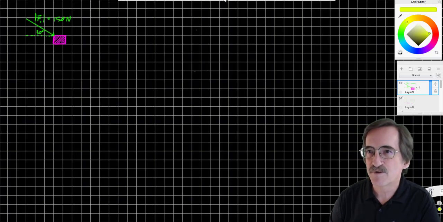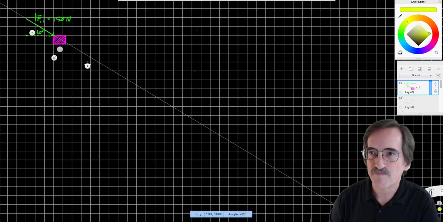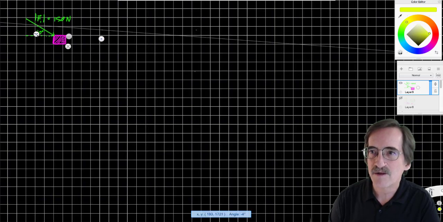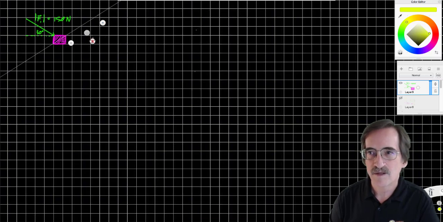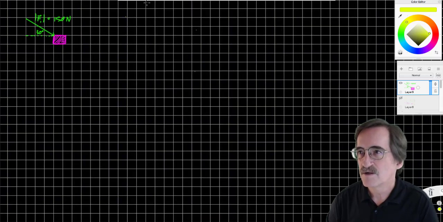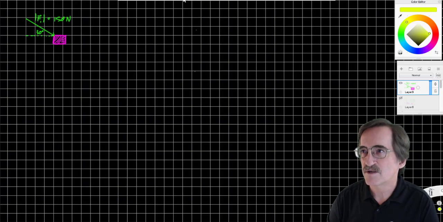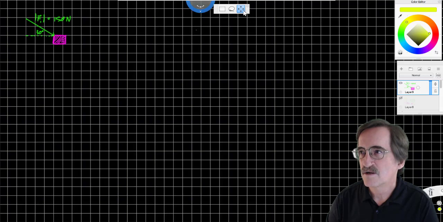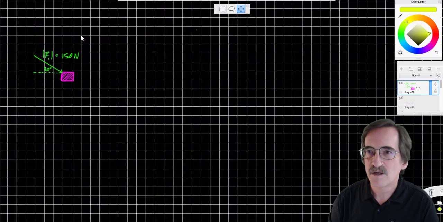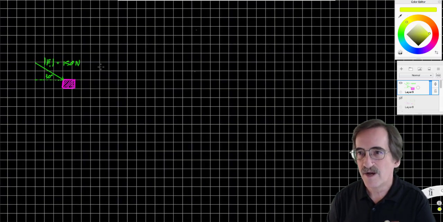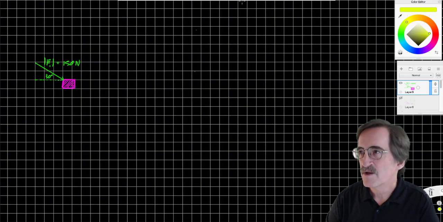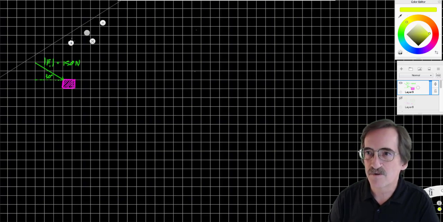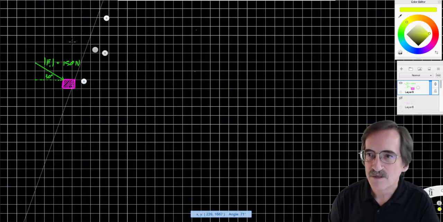Meanwhile, Alex is pulling on the box with a rope at an angle of 45 degrees. Let's move this here, move things down a little bit. So Alex is pulling on the box at an angle of 45 degrees to the horizontal.